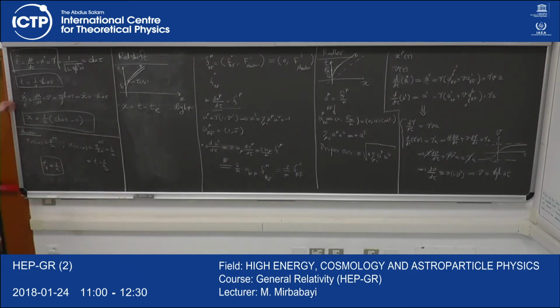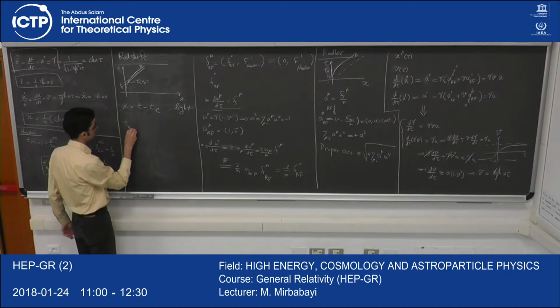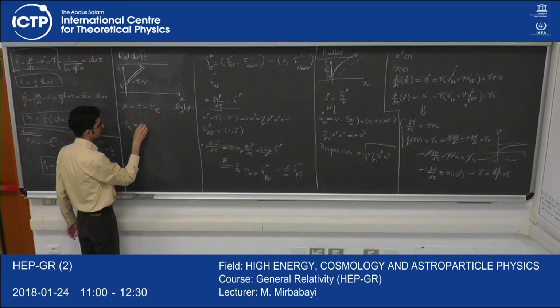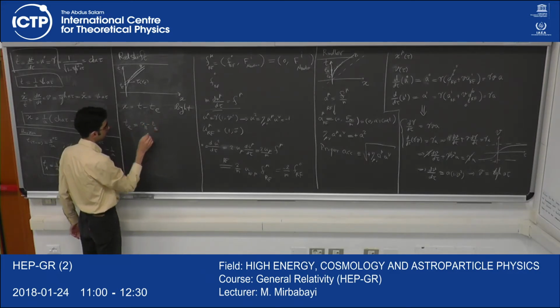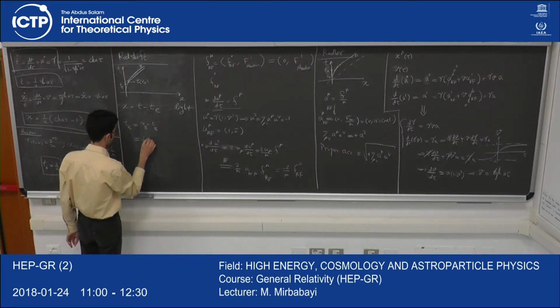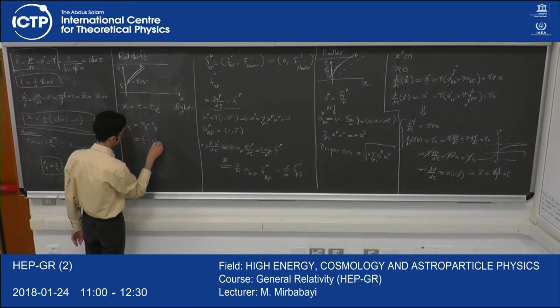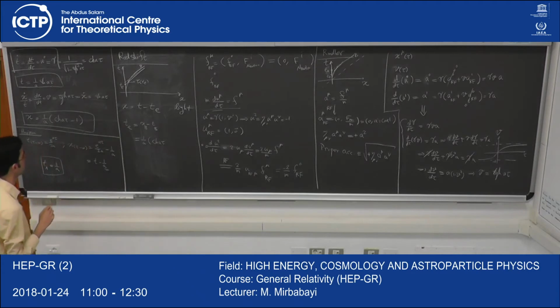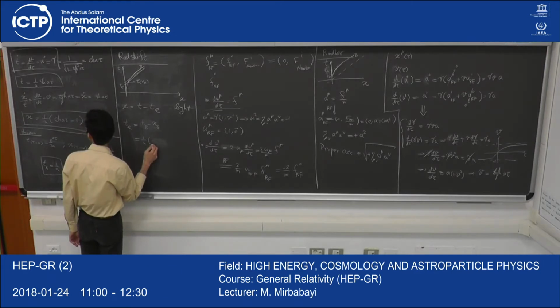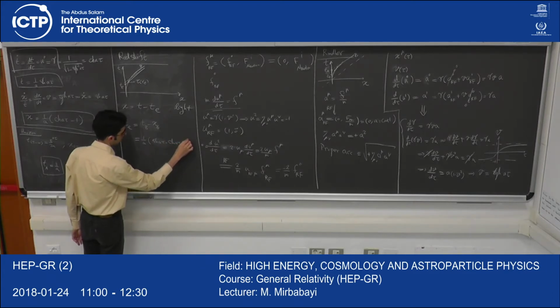So TE at the intersection is just T Bob minus x Bob, which is 1 over A (sinh eta minus cosh eta) plus 1.